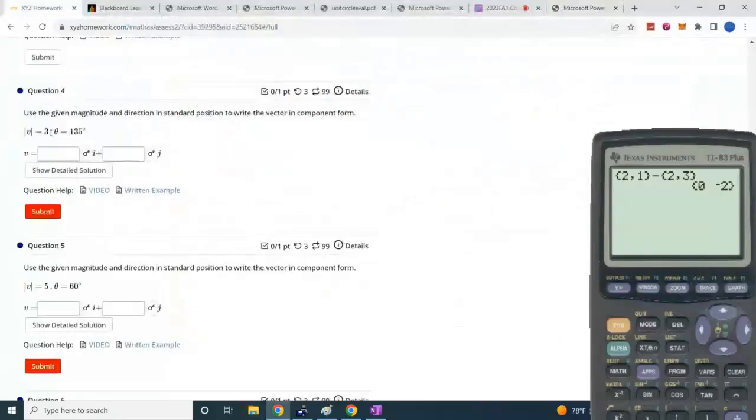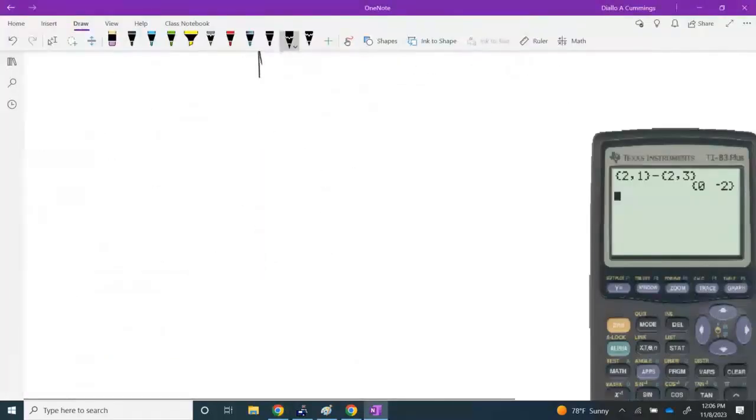So I'm going to go back to number 4. So the magnitude of vector v is 3, and theta is equal to 135. So this is 4.6, number 4. Write in component form.